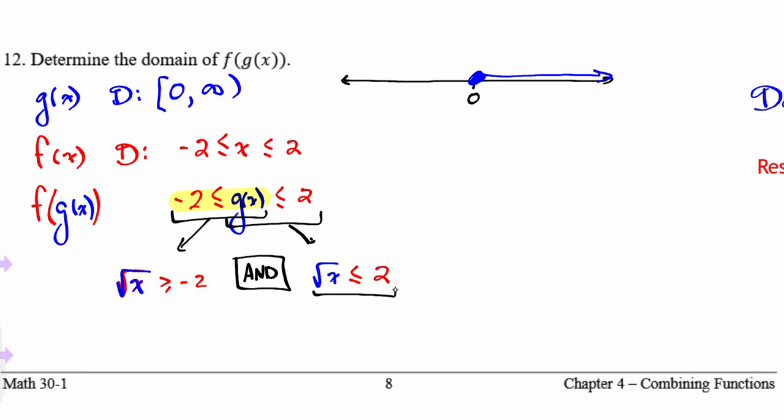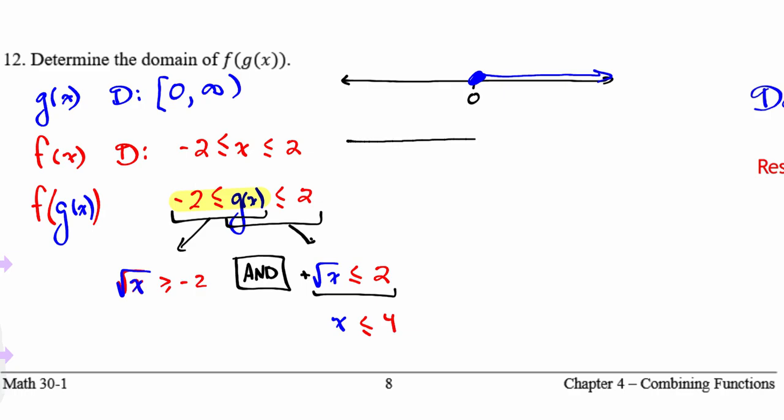My left side is also positive because there's no sign in front, which means it's a positive. So when I'm multiplying the root of x by the root of x, I'm multiplying both sides by a positive, which means the direction of the inequality does not change. So I can square the left to get x, and I can square the right to get 4.